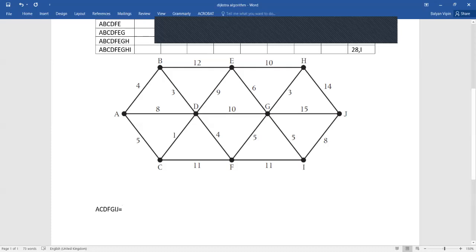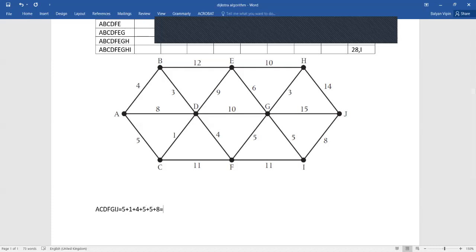Now you add up your complete route. It's 5 plus 1, then D to F plus 4, then 5 plus 5, and then 8.